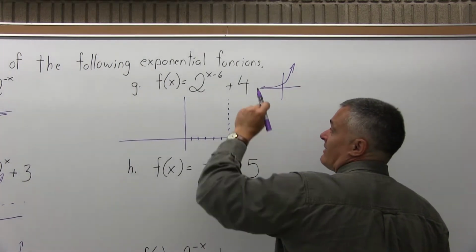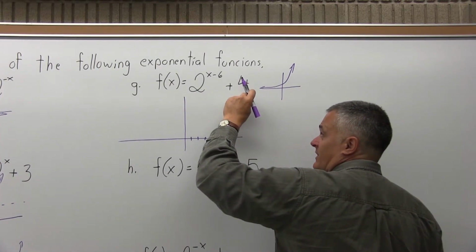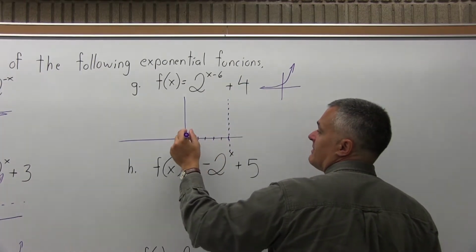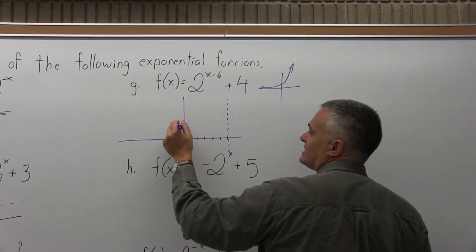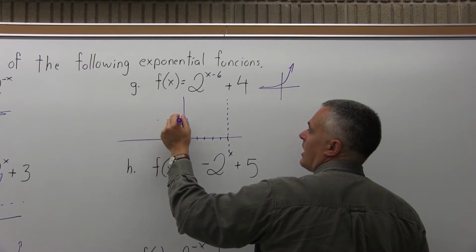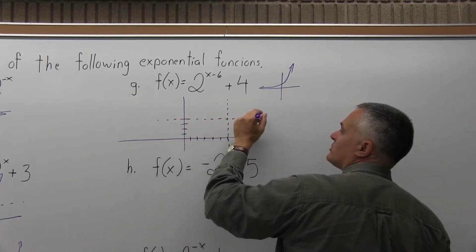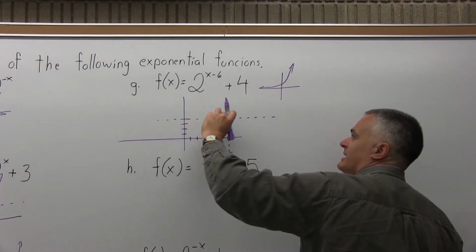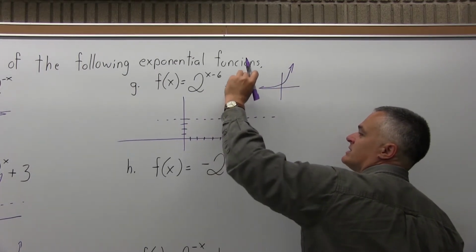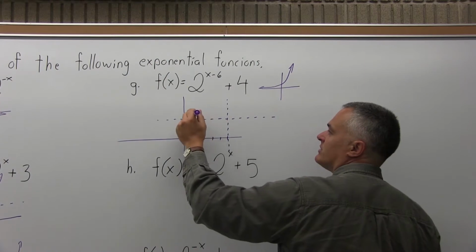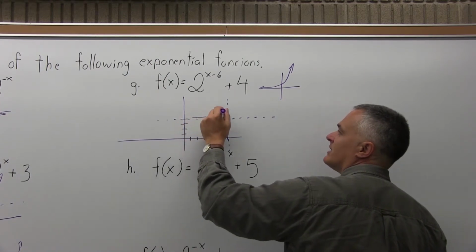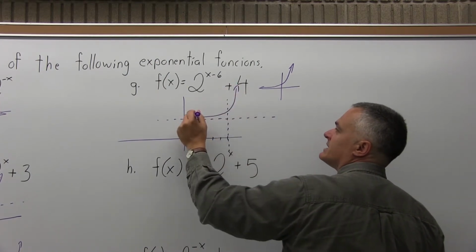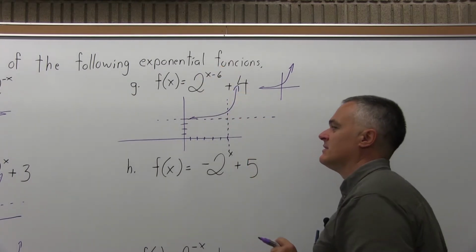And I have a plus 4 at the end of my function, so that's going to give me an imaginary x-axis 4 above the real actual x-axis. And now I have the same graph that just makes that transfer from tiny fractions to big output, instead of at the origin where it does without any shifting, to over 6 and up 4 because of the shifting in the function.